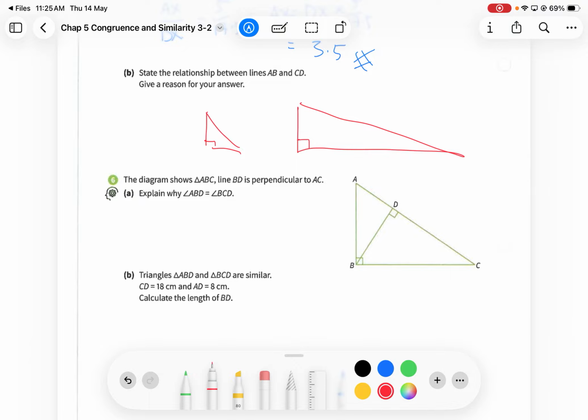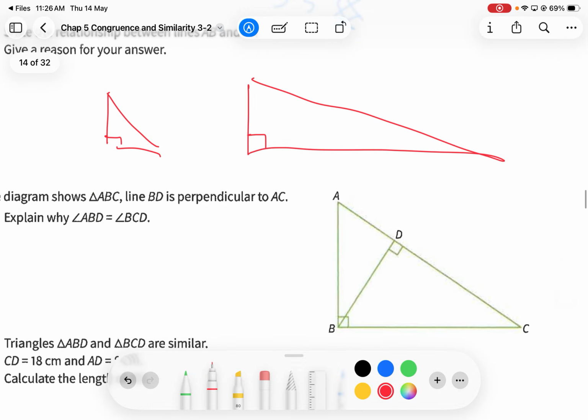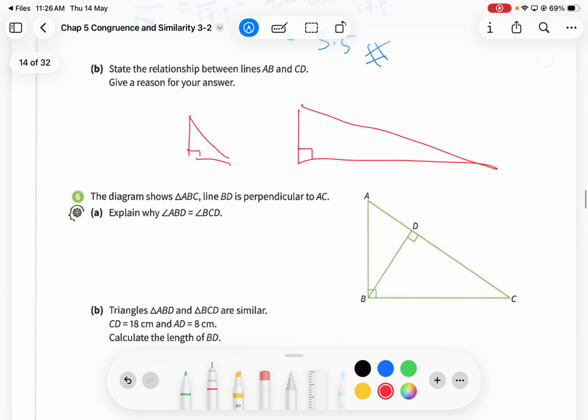Correct. But why will they look the same? This one go back to the very first thing I tell you about similarity and congruence. When they are similar, Ryan? Similar, don't need to be same size, but they must have the same.